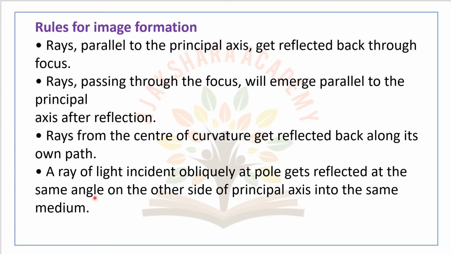The fourth one is a ray of light incident obliquely at the pole gets reflected at the same angle on the other side of the principal axis into the same medium as per the laws of reflection. Angle i is equal to angle r. Okay, these are the rules for image formation.